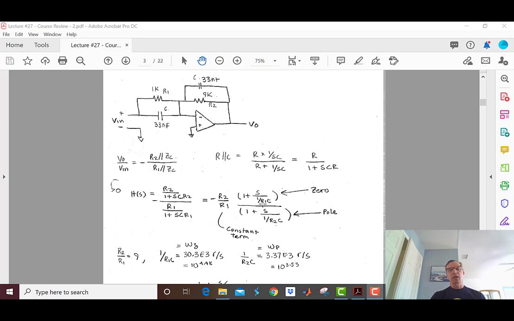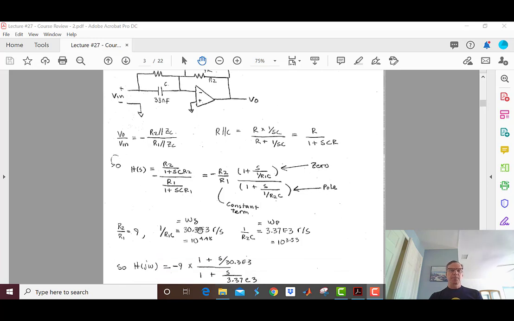So all I really need to do is, for this SCR2 or SCR1, put my R1C in the denominator so that I can read my zero frequency directly. So here we go. We have R2 over R1, which is our constant term, and then we have 1 plus S over 1 over R1C. So in this format, I can read my zero frequency, and I can read my pole frequency.